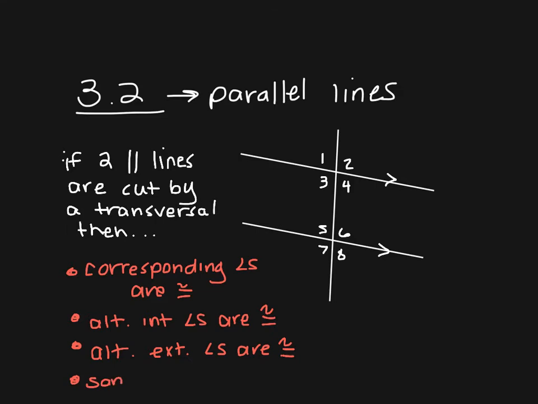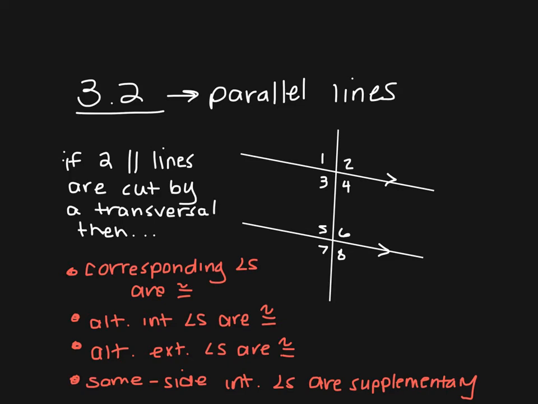And same side interior angles were supplementary, or add to 180. So you'll start to see stuff in like question number 30 where they tell you that they're parallel and what kind of angle relationship you can identify based on them.